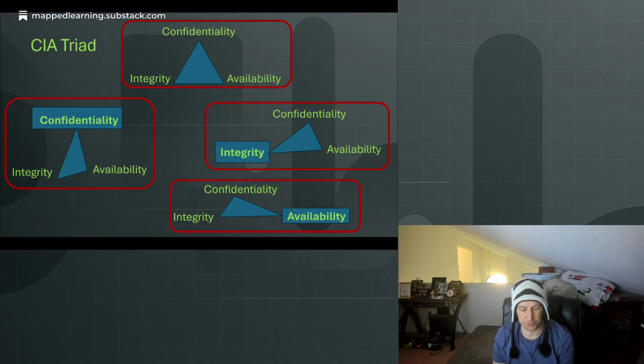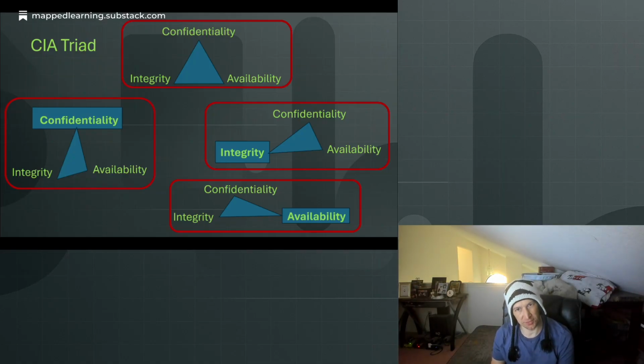You know what it is. And availability is, can I use it when I need it? And we all know we don't live in a perfect world. There is no such thing as 100% security. If there were, logically, we wouldn't be able to use anything. Everything would be so protected, nobody would be able to use it.